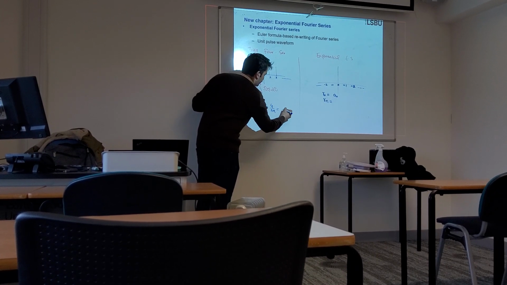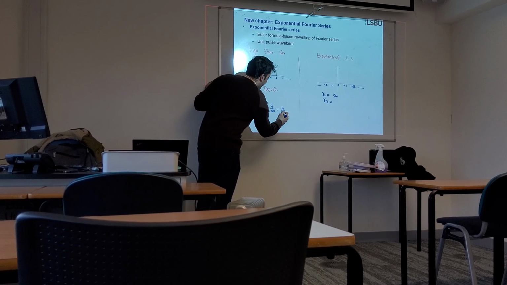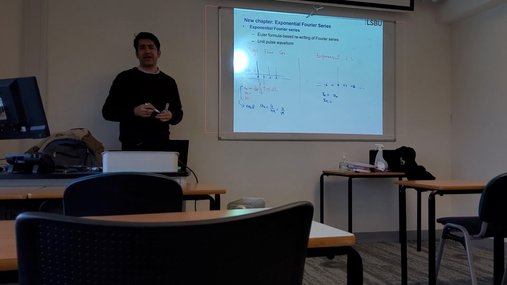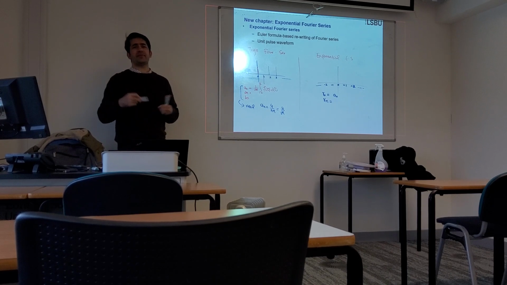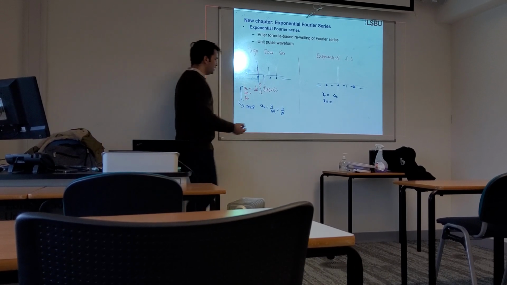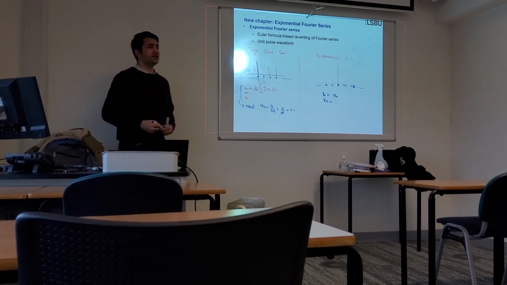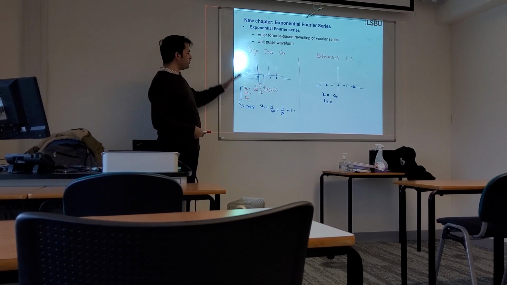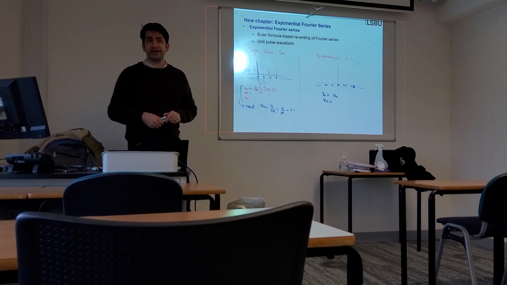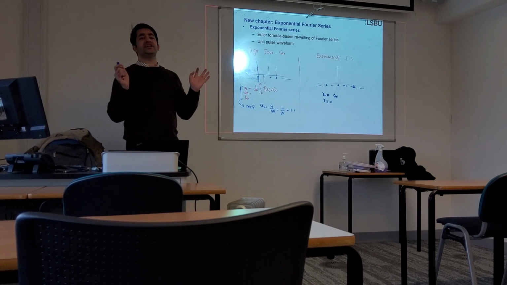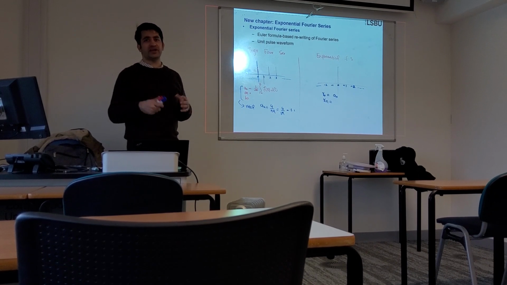If I put n equals 1, it would be 4 divided by pi. So it means that it is some real value, some number. For example, 4 divided by pi would be 1 point something. So the coefficients of the trigonometric Fourier series are real numbers. They have some real value.